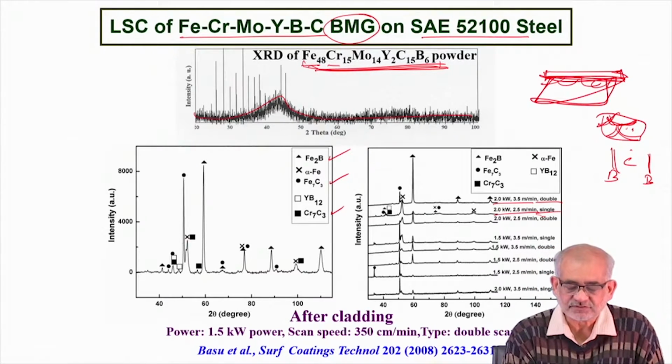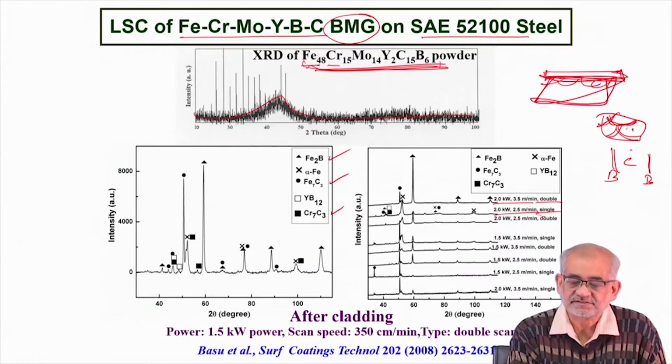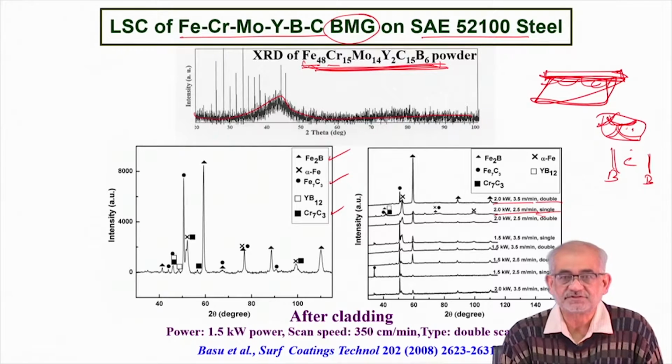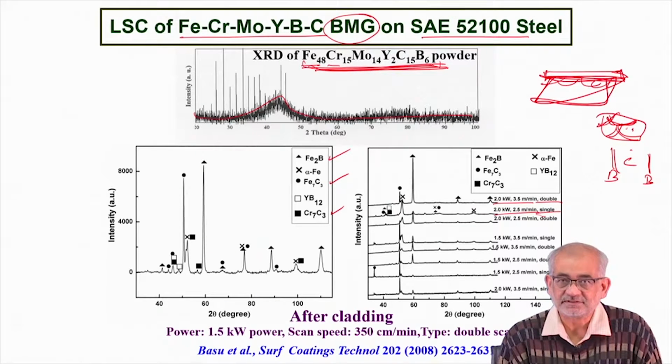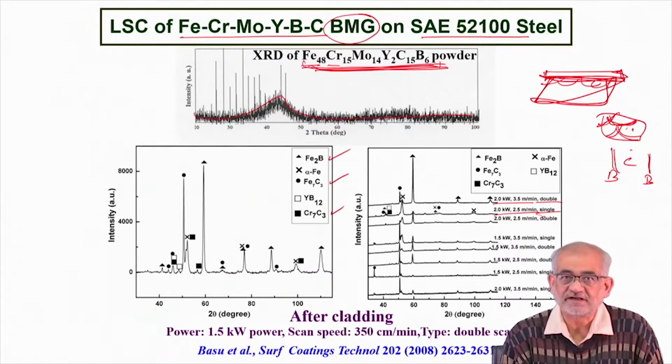As a result, once you allow this solute segregation, those phases emerge from the liquid, and once the composition is violated from this uniform composition, then obviously the glass transition temperature or the glass forming ability decreases. By the time the liquid solidifies, you no longer have a composition which can stabilize the amorphous structure of the liquid, but instead it allows multiple crystallization of these phases, and the remnant liquid also crystallizes in the form of a matrix solid.